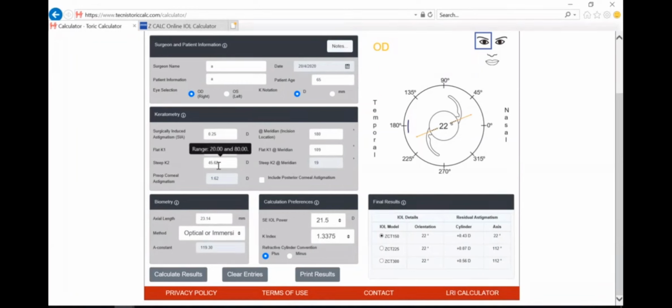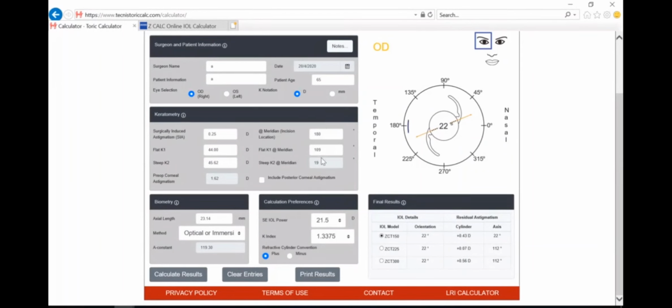Before surgery, the steep axis was at 19 degrees, so it's really close. The reason it shifted slightly is that your incision, where it's placed, has induced some astigmatism, and because it is not exactly where the primary axis was, it shifts your axis slightly. So rather than 19 degrees, it's now 22 degrees.